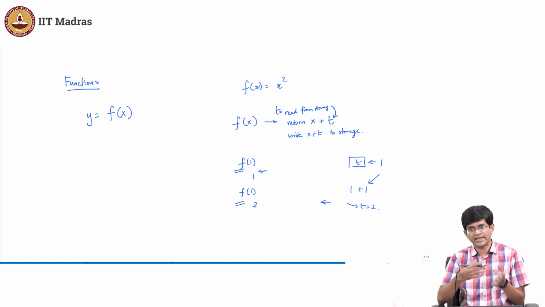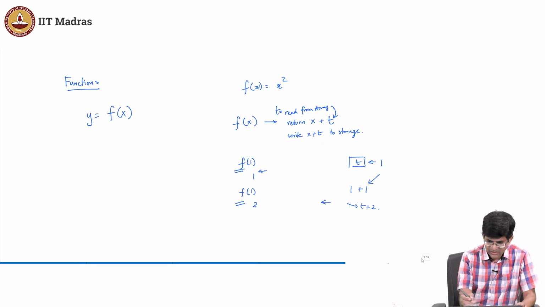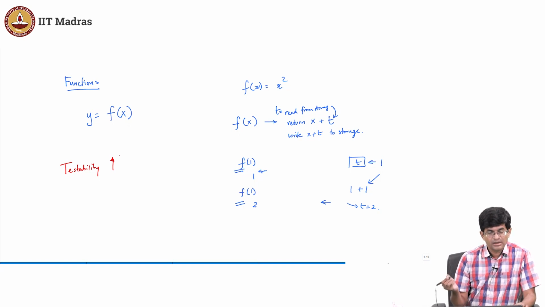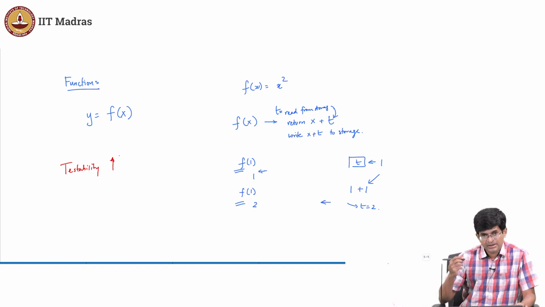I don't need to create a dummy database. I don't need to have any other mock test set up around it. I can just test the function by itself. So effectively, the testability would improve.